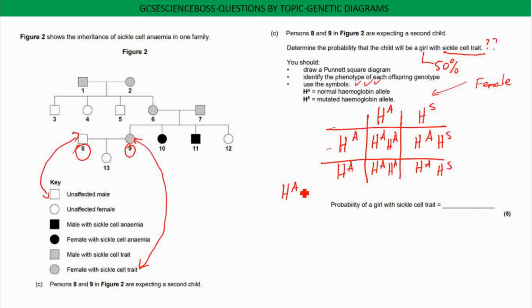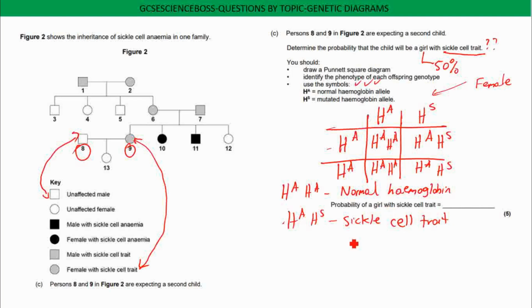Remember, they've asked us to identify the phenotype of each offspring. So HA, HA, that person is normal, normal hemoglobin. Then we have HA, HS. They have the sickle cell trait. Okay, good. And then they've asked for the probability of a girl.